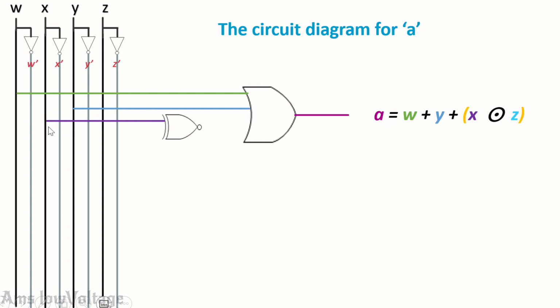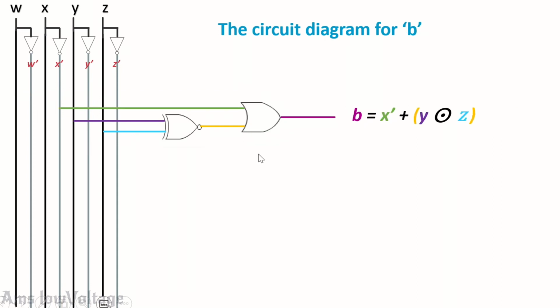And for z this comes to here, and this will go to this OR gate, because all this plus means OR. So w plus y plus this section is ORed.